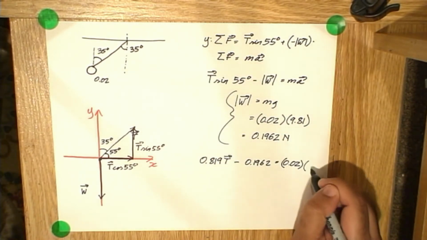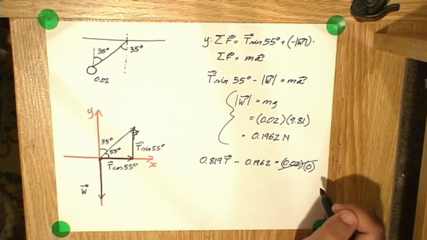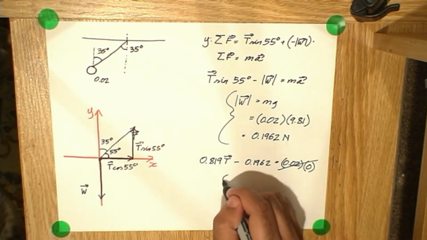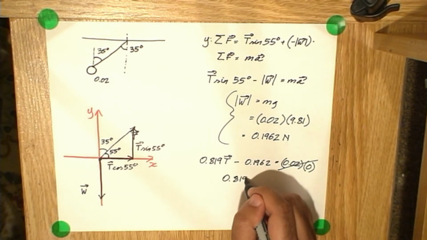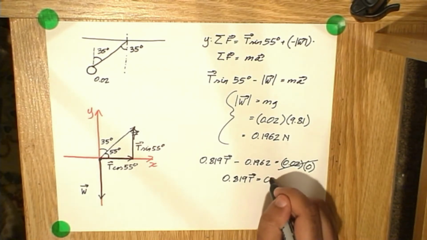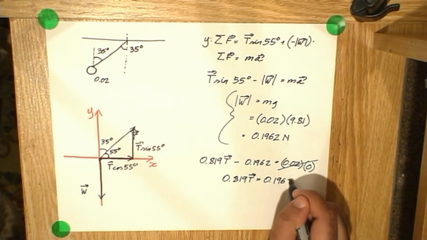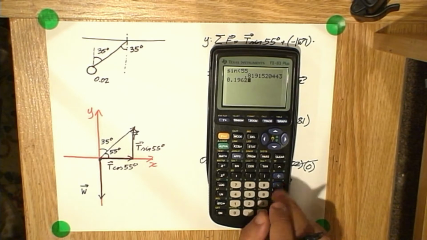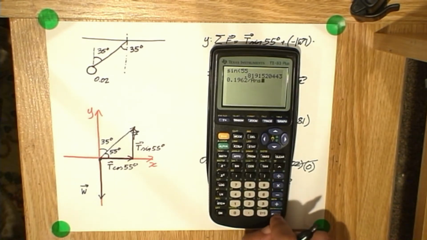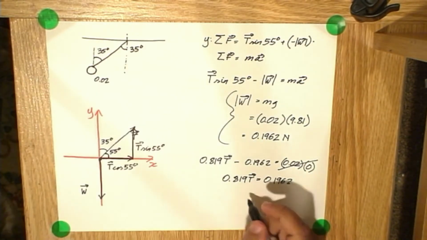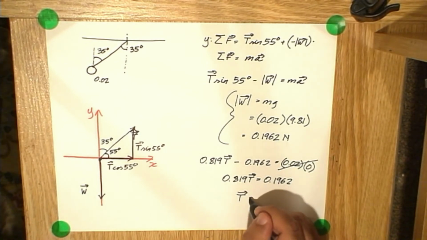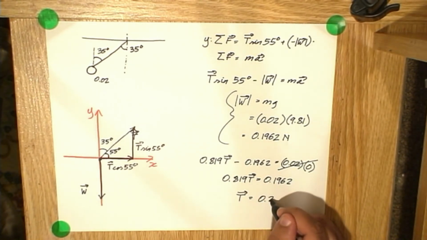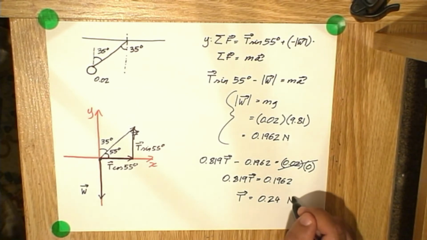Its acceleration in the y direction is also 0. So this cancels out. 0.819 tension is therefore equal to 0.1962. So 0.1962 divided by 0.819 is 0.2395. Let's call that 0.24. So the tension in this string is 0.24 newtons.